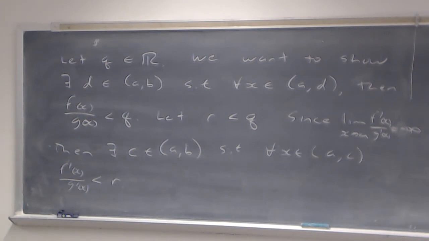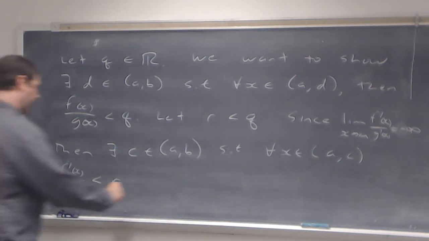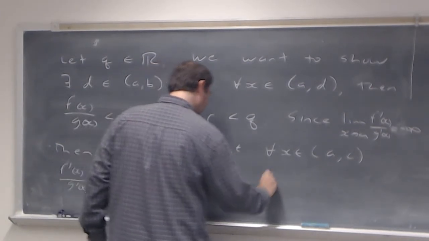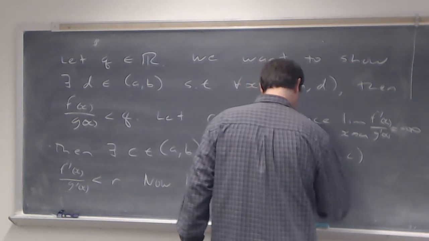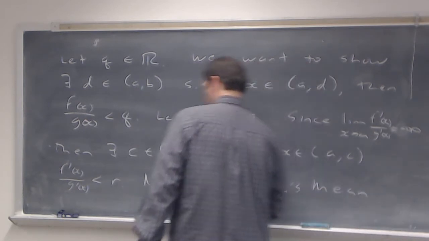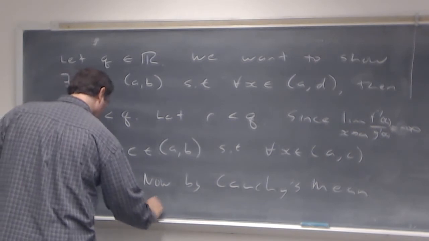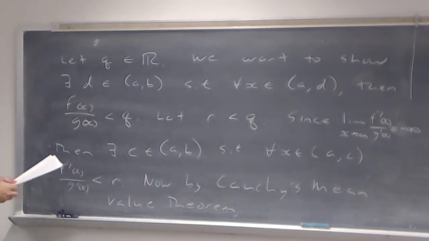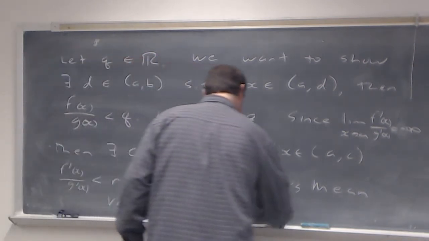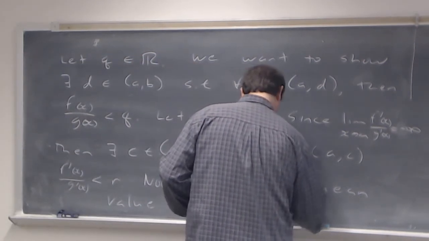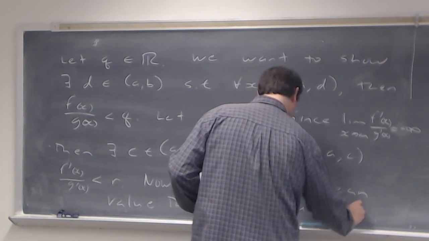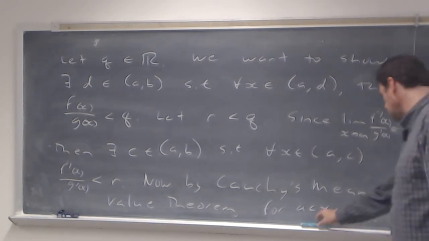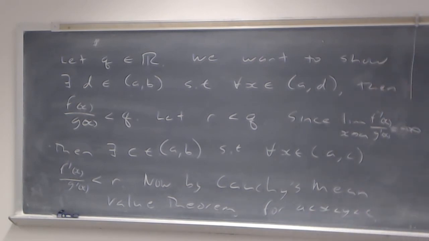Now, by Cauchy's mean value theorem, let me just write this part down. a less than x less than y less than c. So here we have an x and y in (a, c).